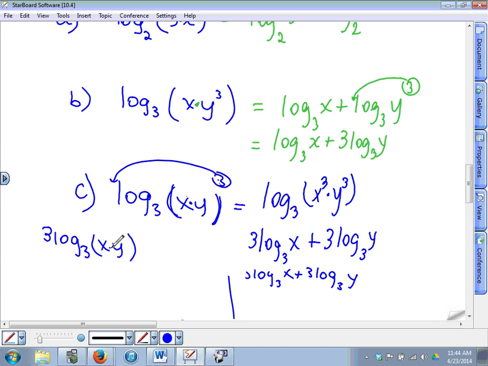Now you can expand, but you have to make sure that this 3 right here multiplies the entire expansion. So it has to be 3 times the full expansion, log base 3 of x plus log base 3 of y. Do you see why I had to put parentheses there? If not, the 3 would only be multiplying that first logarithm, but now you have to distribute it, and you get the same answer.